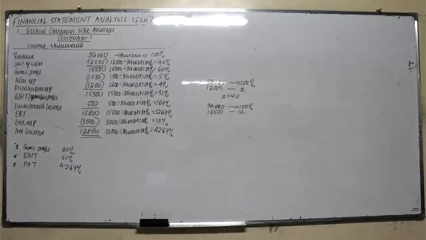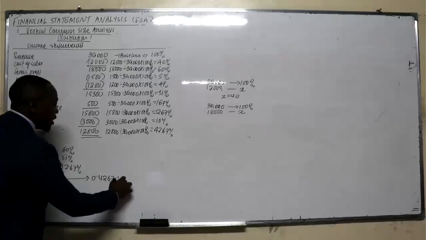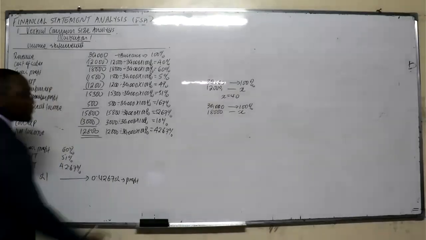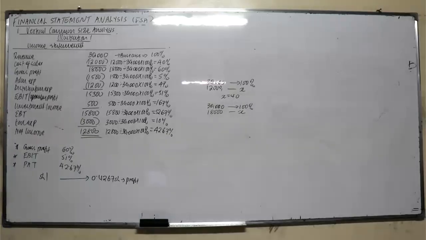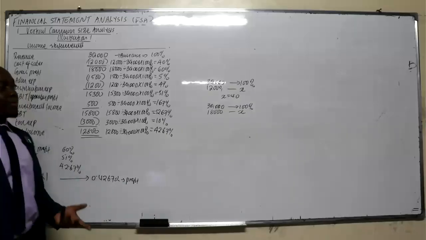So what it means is that, for example, if you work with the profit after tax, because that's the entire profitability of the company, we can comment that for every 1 shilling of sale, 0.4267 shillings is the profit. That's what it means, that for every 1 shilling you make of the sales, 0.4267 will be the profit.